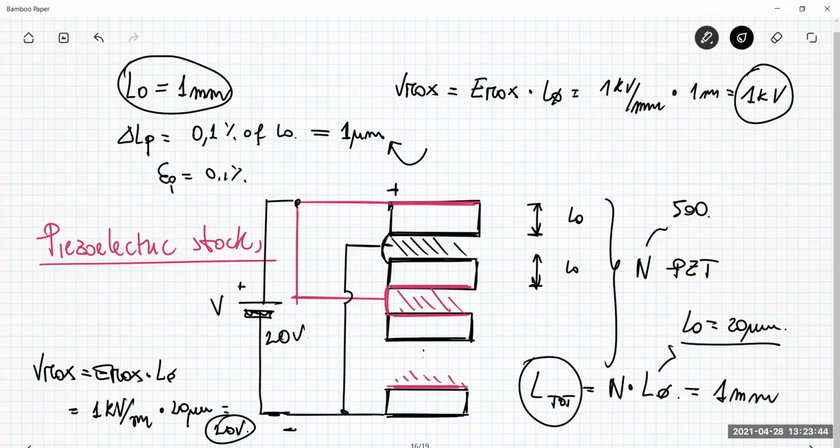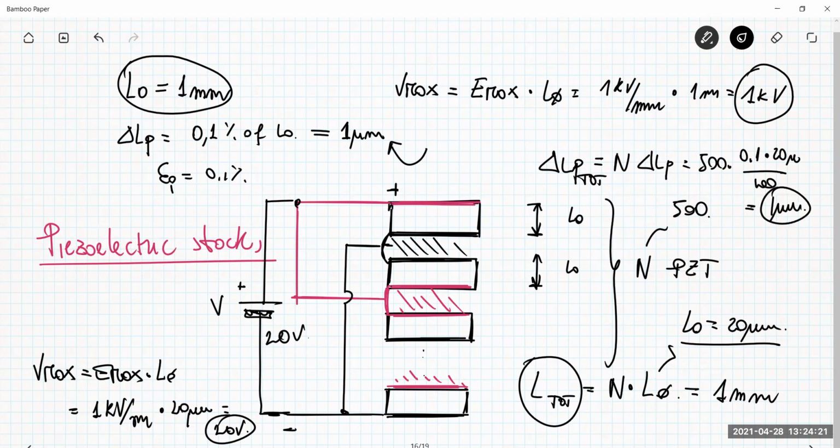And what about the delta LP that I can get from this? Delta LP is again n times the delta LP of a single element. So it is 500 multiplied by 0.1%, so 0.1 times 20 micron divided by 100, and this is again 1 micron.